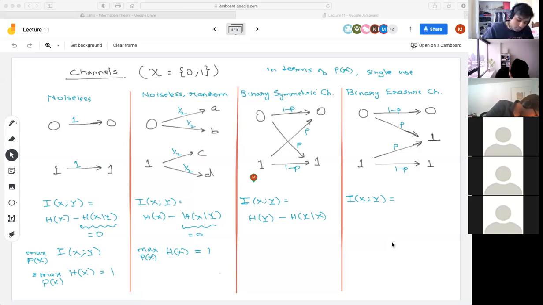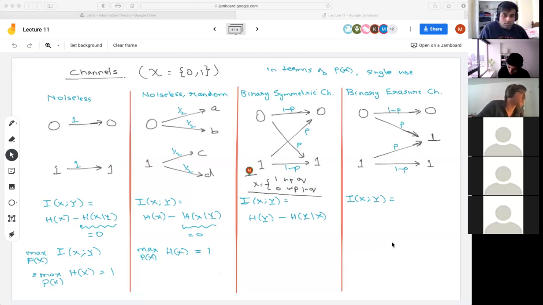Let's say x is equal to 1 with probability q, 0 with probability 1 minus q, if that helps. So I claim that h of y given x you can compute even without knowing the distribution of x.